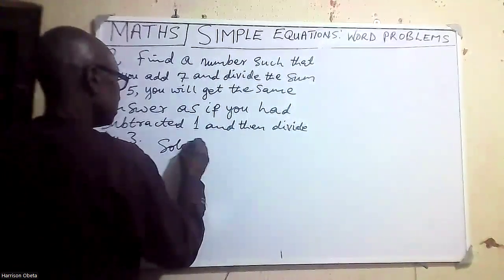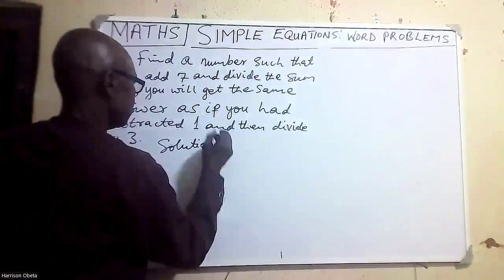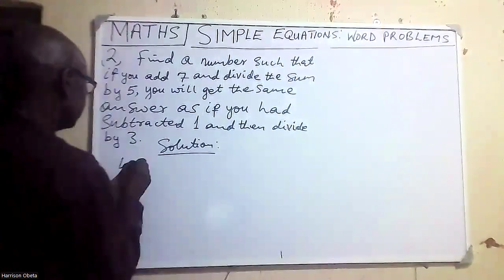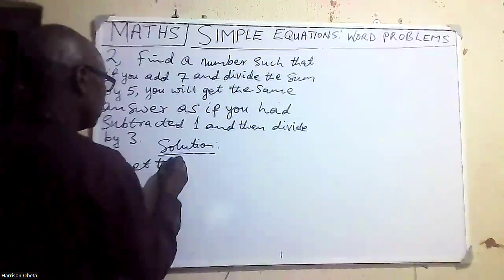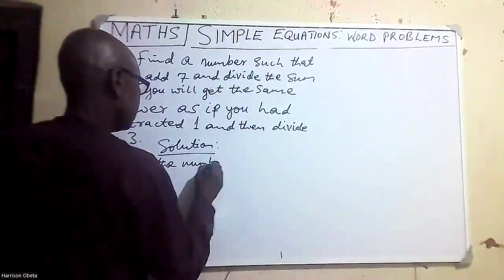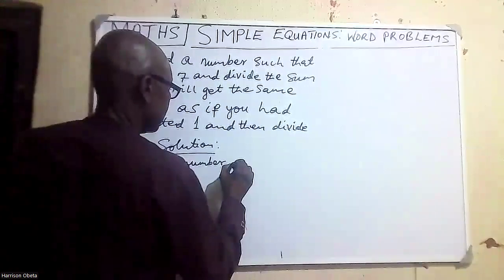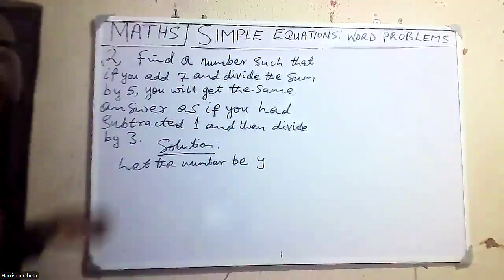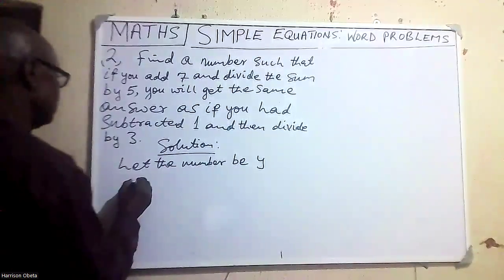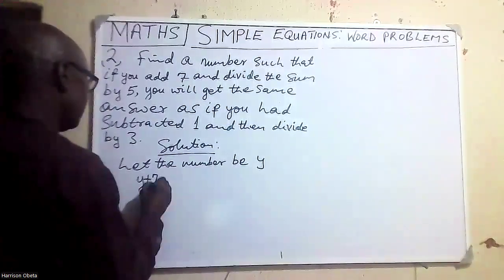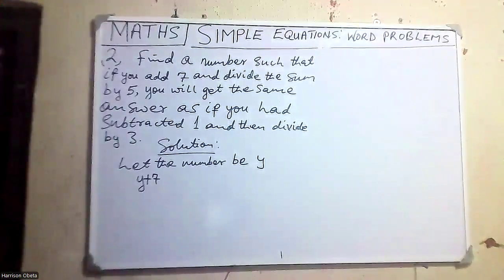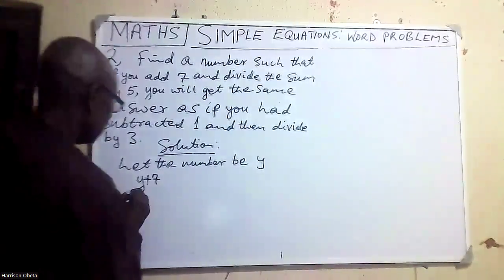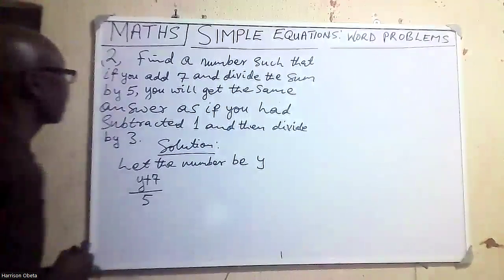Solution. Let the number be y. If you add 7, that means y plus 7, and divide the sum by 5, all over 5.